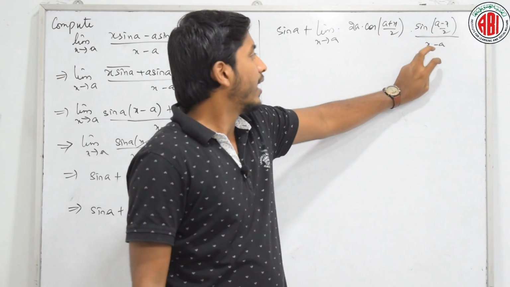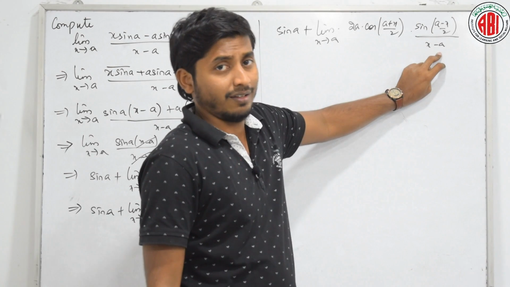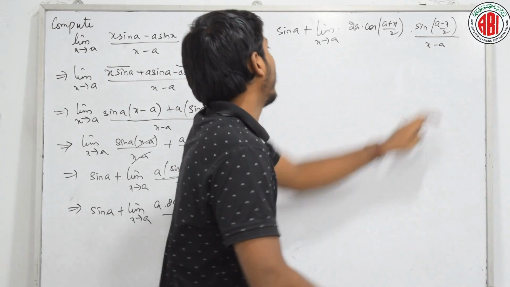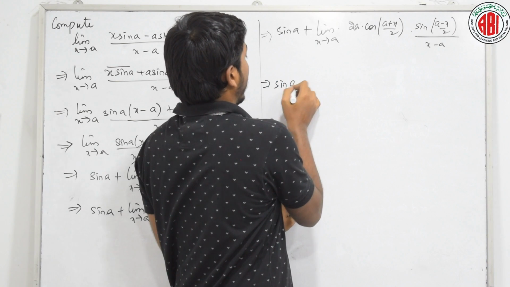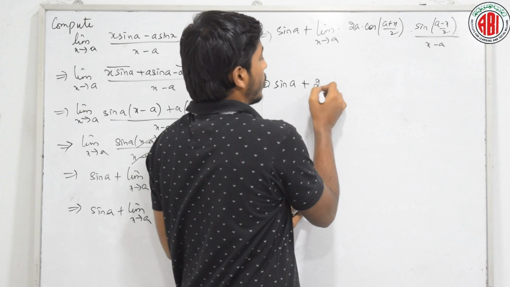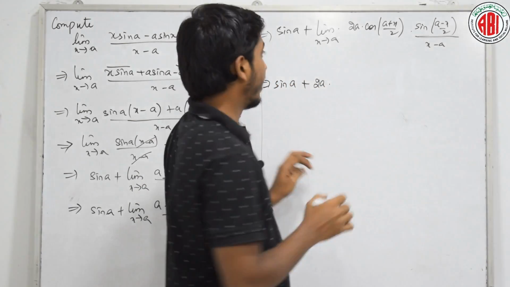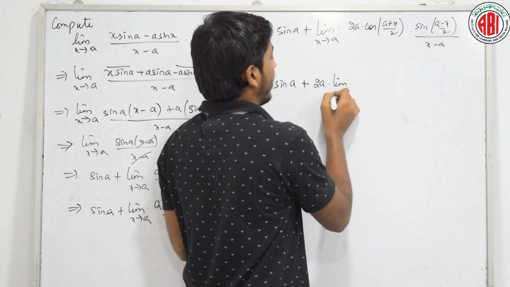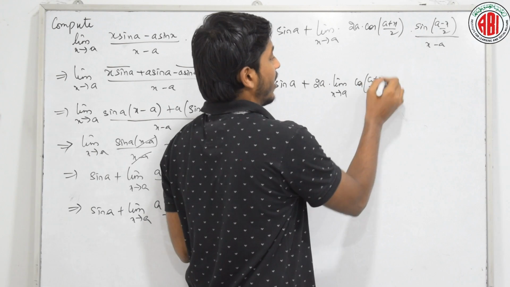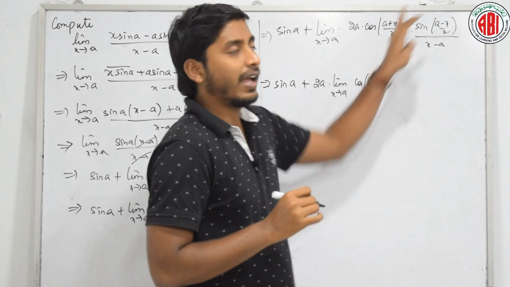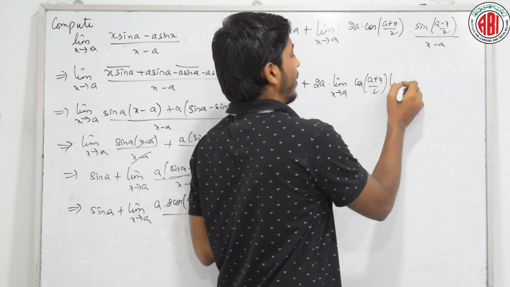How to solve it? Can I take minus common here? Let us do everything now. That is sin a plus 2a is constant. The next, limit x tends to a, cos of (a plus x) by 2, let us write it separately and let us write the remaining term separately.